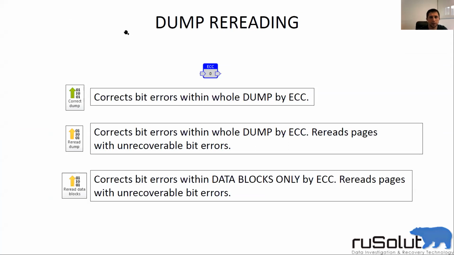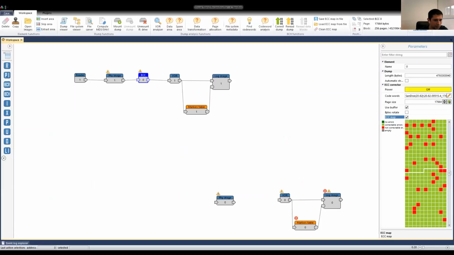What is that dump rereading? It's the procedure when VNR will try to read one more time the pages which have a red color now.